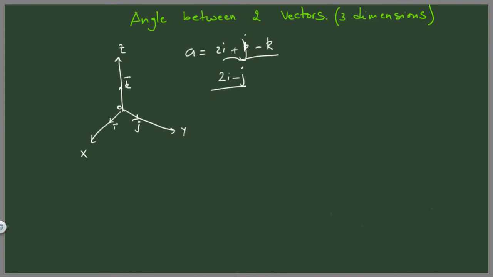Let us now take an example. We have a vector a, with the value 2i. 2i goes here, plus j, which is going in this direction, and minus k, which is going down like this.